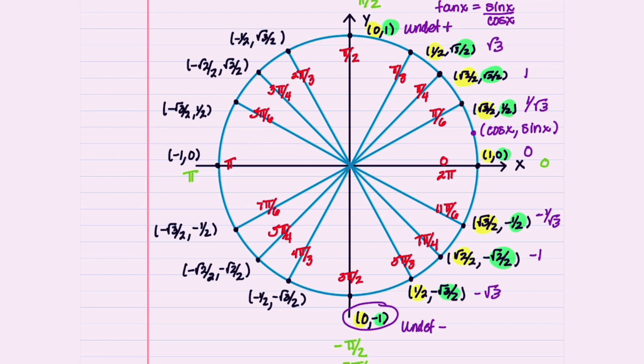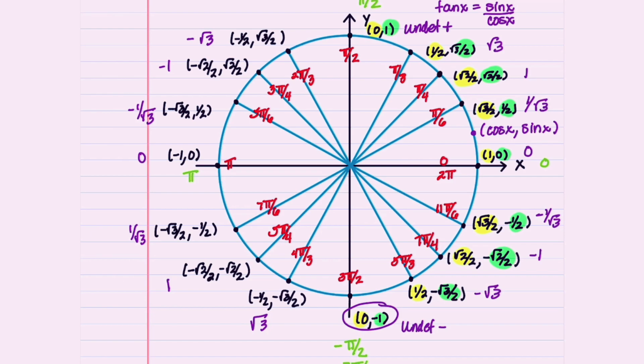I'll now fill in the points from pi over 2, going counterclockwise down to 3 pi over 2 or minus pi over 2. These points look like this. We have a minus root 3, minus 1, minus 1 over root 3, 0, 1 over root 3, 1, and then lastly root 3. We can see that every pi units, the value of tangent starts to repeat.